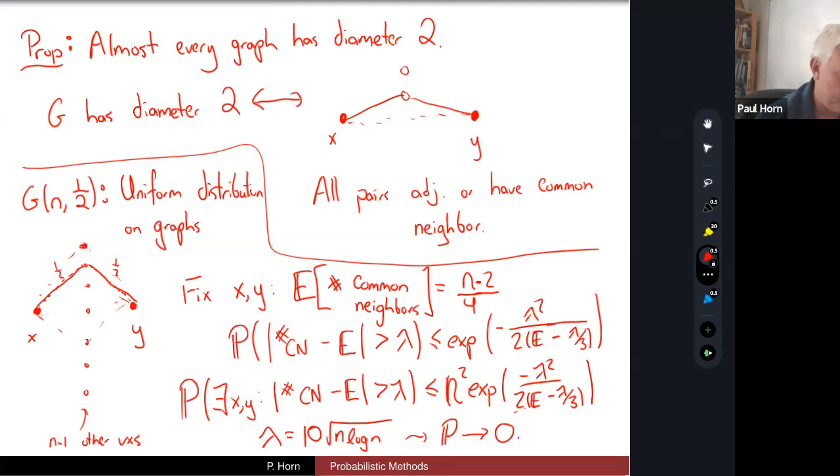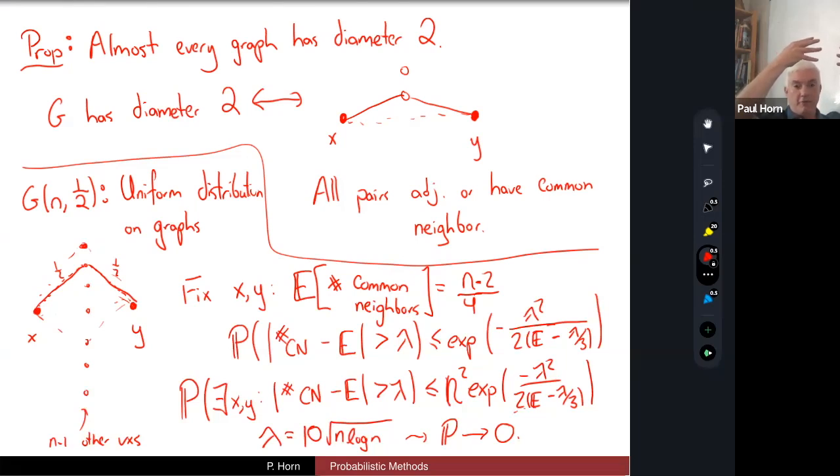Aha. So what I've now done is I've seen that not only does almost every graph have diameter 2, but actually in almost every graph, nearly every pair of vertices has lots and lots and lots of common neighbors.